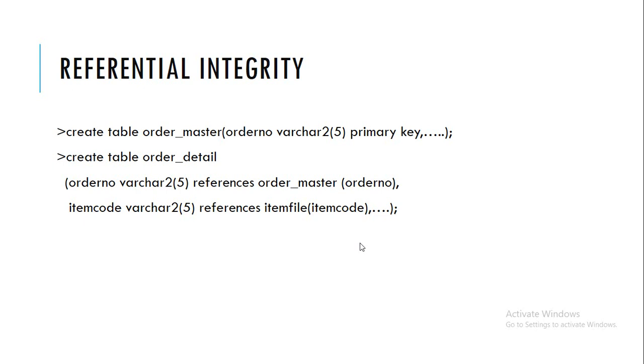Another table is there by the name item file, where one column is the item code. So from two tables, or more than two tables, I can retrieve the data. Suppose in the order master, if any order number is not there, that value cannot be entered into the order detail. Similarly, if that item code does not exist in the item file, you cannot enter it.